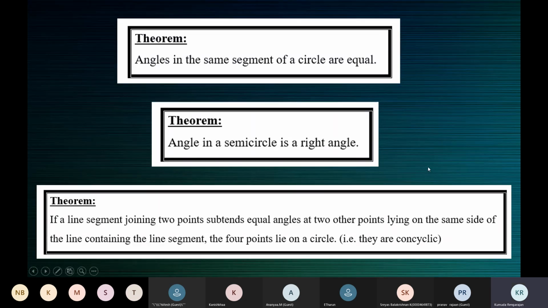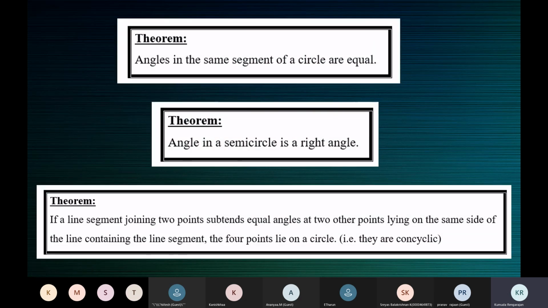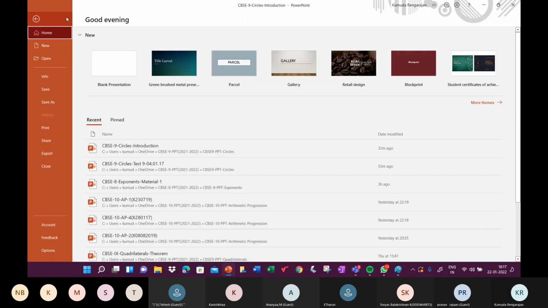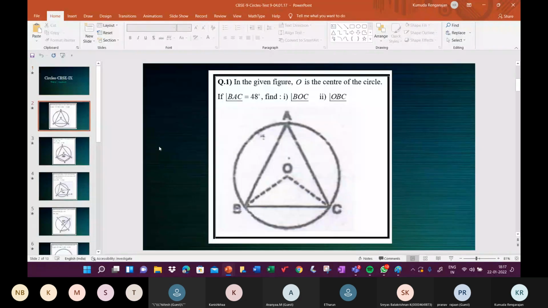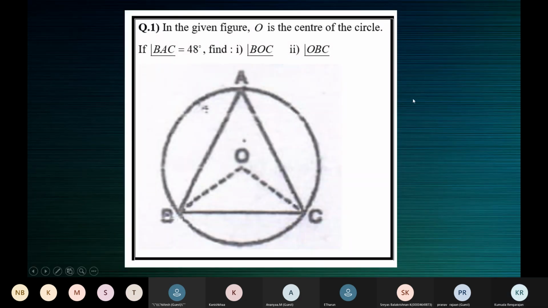I just want a minute, children. I'll show you a different slide. Just copy the figures in your notebook. Let's get back. Children, I said I just need a minute.